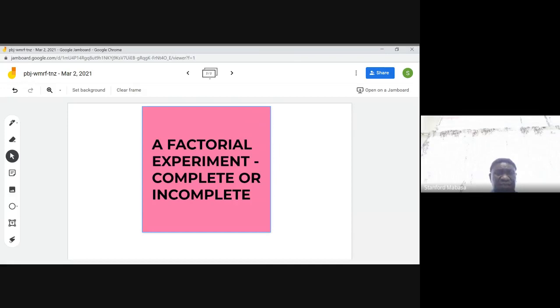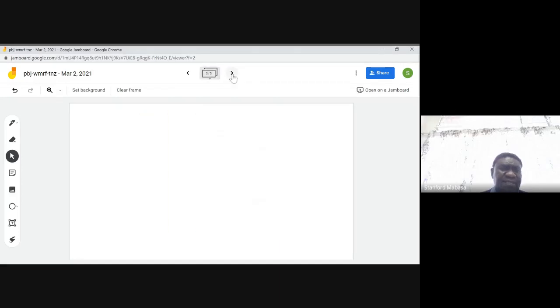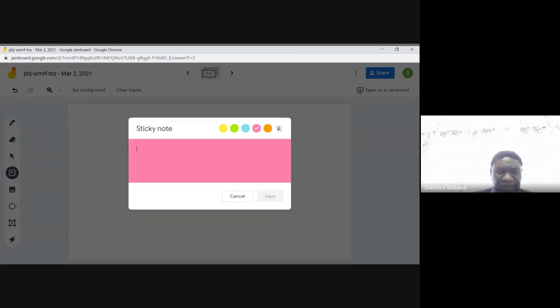Basically, it's a factorial experiment which should be complete, but it becomes too big. So in most cases, we can have an incomplete experiment. This is to accommodate a high number of treatments. Now, I want to come to interpretation of results, but what is measured here is biomass.